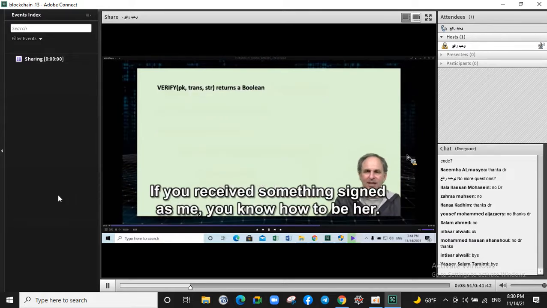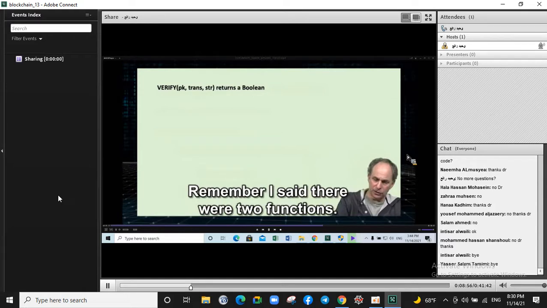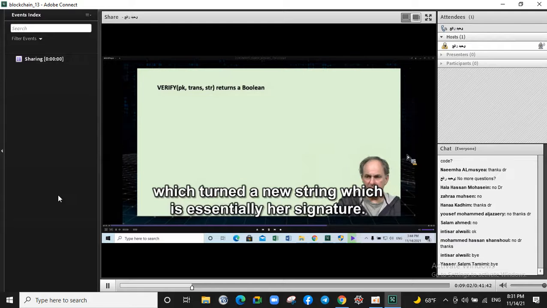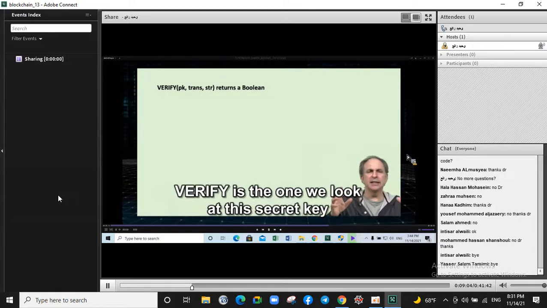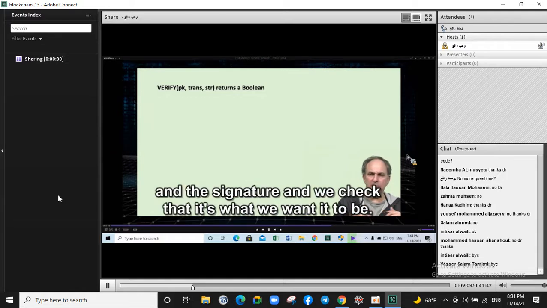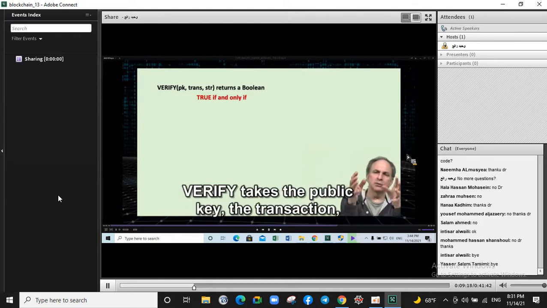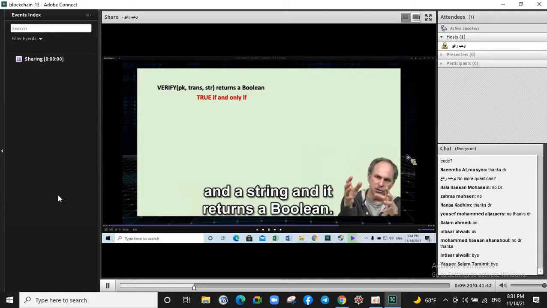Okay, right. Remember I said there were two functions. Sig was the one that took the secret key and the transaction, and returned a new string, which is essentially her signature. Verify is the one where we look at the public key and the signature and we check that it's what we want it to be. Okay, so verify takes the public key, the transaction, and a string, and it returns a Boolean.